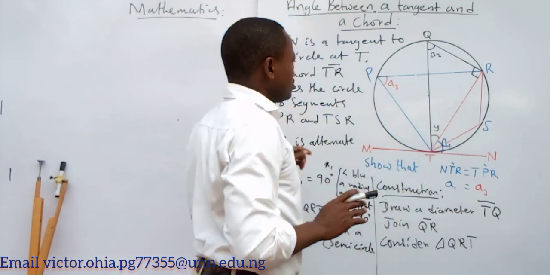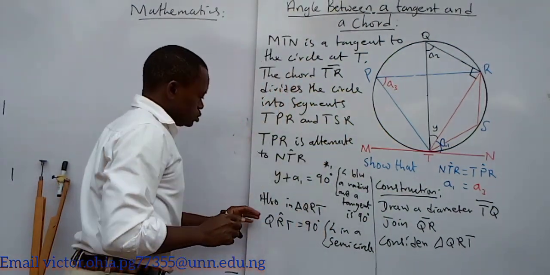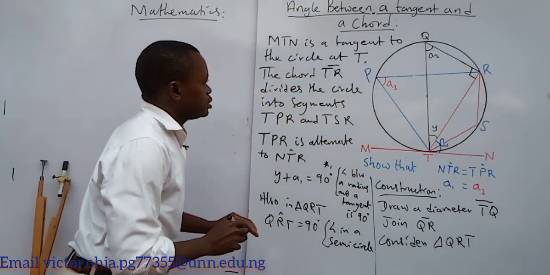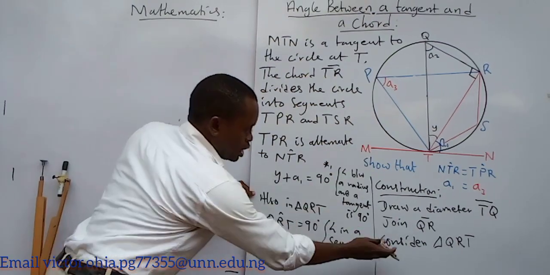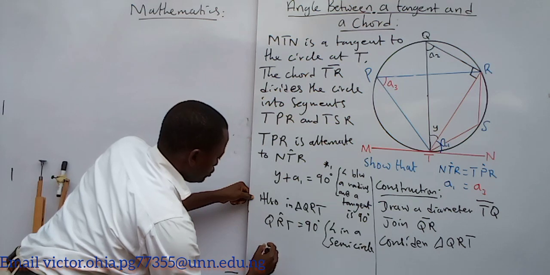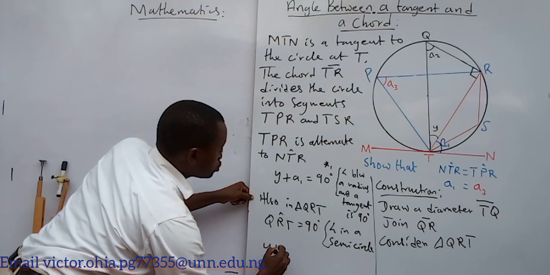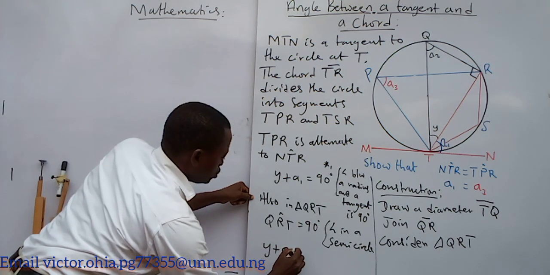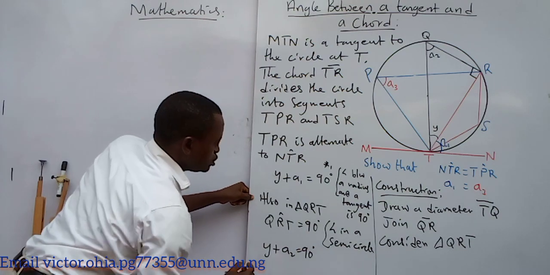All right. So having said that this is 90 degrees, I can say, still in that triangle QRT, that Y plus A2 is equals to 90 degrees.